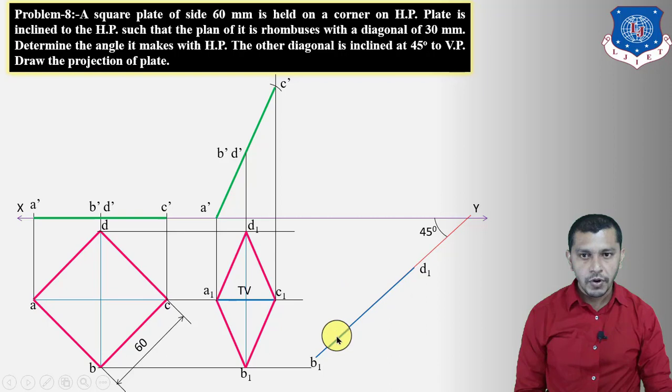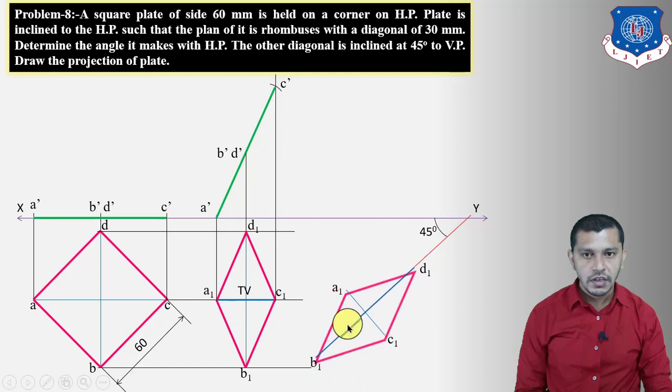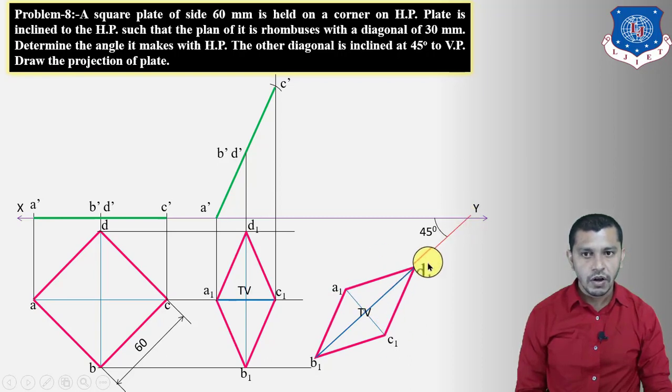Now from the midpoint of B1D1, draw a line perpendicular to B1D1 and mark A1C1 using this length, measuring this length. Connect these points, and it will be the top view of the rhombus in the third stage, which is inclined at an angle of 45 degrees, or we can say that the diagonal B1D1 of the rhombus is inclined at an angle of 45 degrees in the third stage.